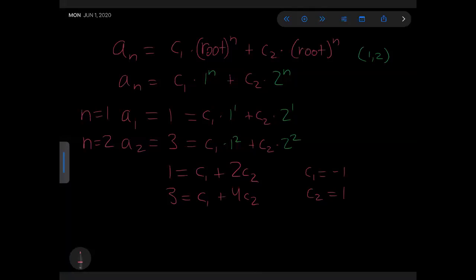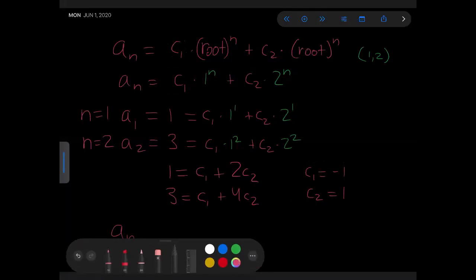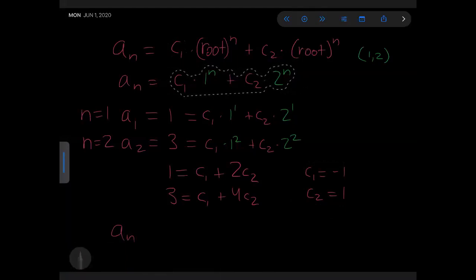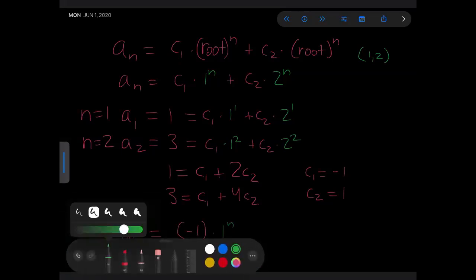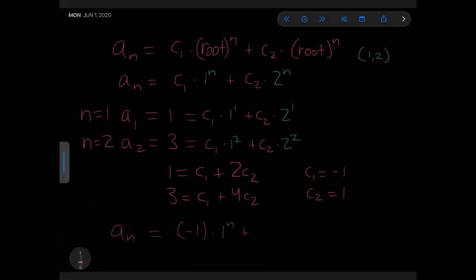Let's look at our original form. We can plug these in over here, C1 and C2. And we know what our roots are, right? So our final expression is a sub n. Now instead of saying C1 times 1 to the n plus C2 times 2 to the n, we're going to say -1 is C1 times 1 to the n plus C2, which is 1 this time, times 2 to the n.